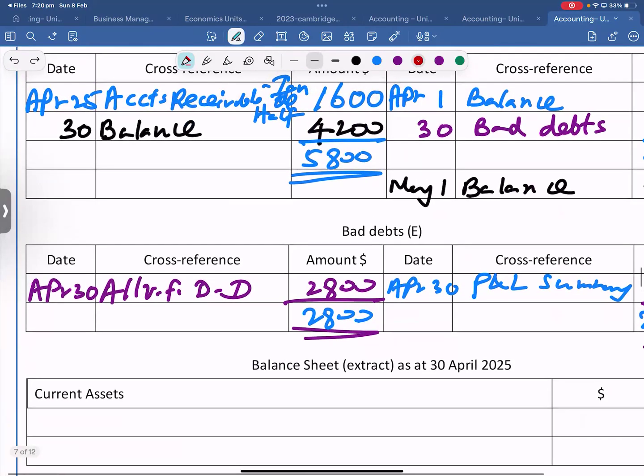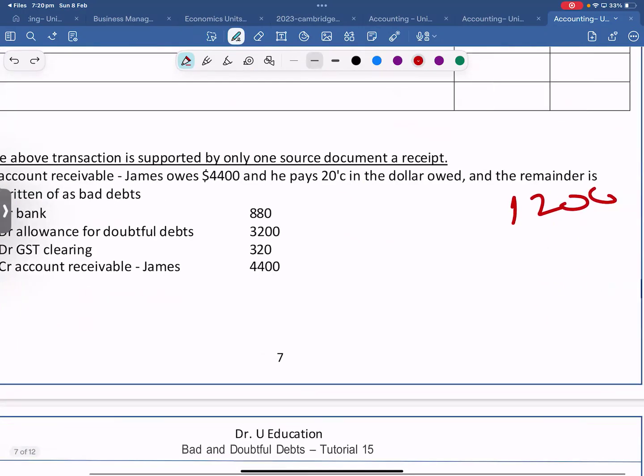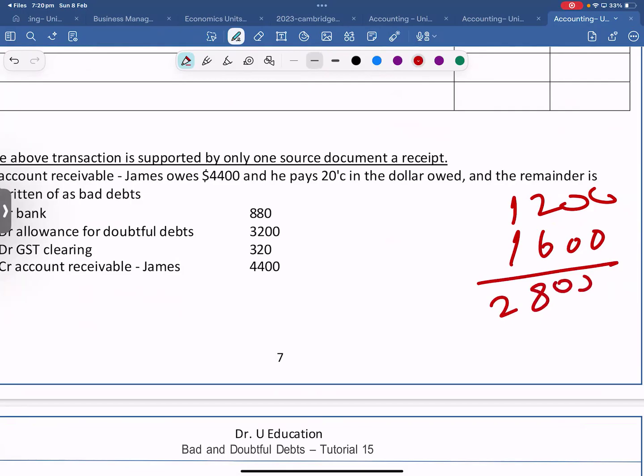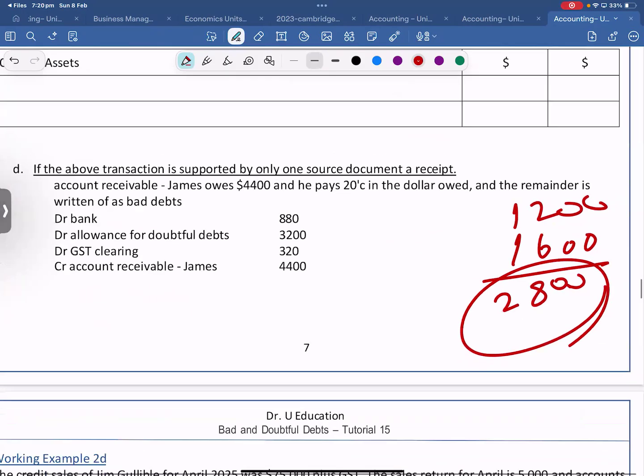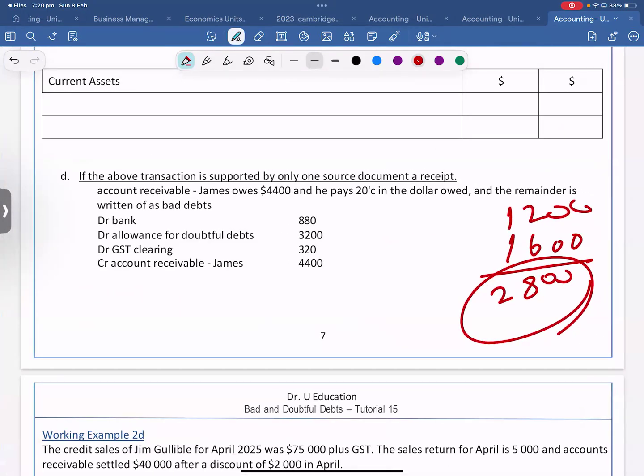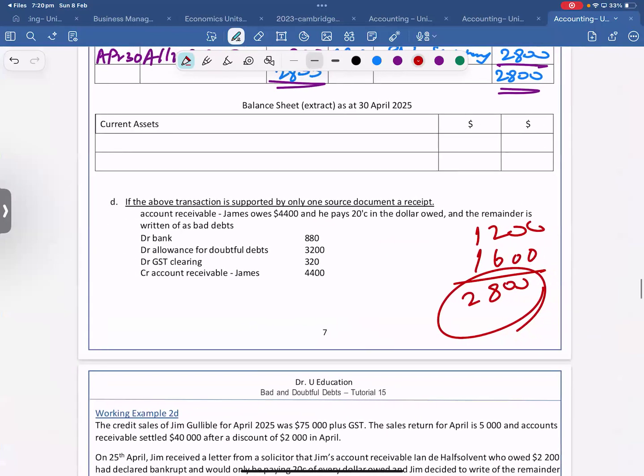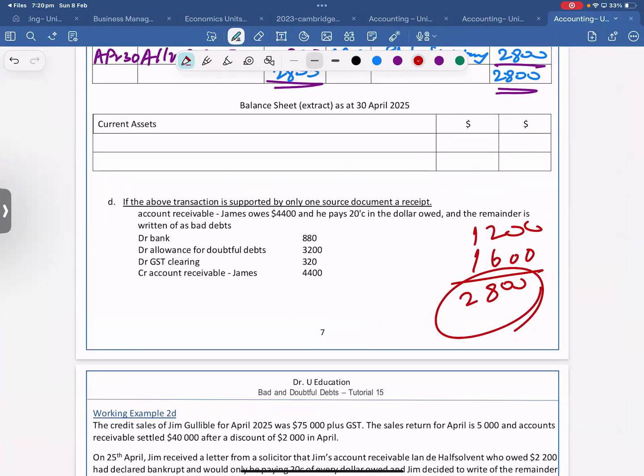By 1,600, our expense will increase. That means you are going to add that 1,600 as well. How much is the total? 2,800. That is our bad debt expense. That's where you can go wrong. Exactly. That's why I'm not asking you to do that.